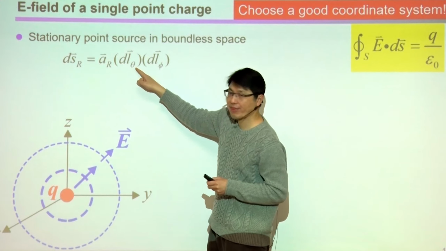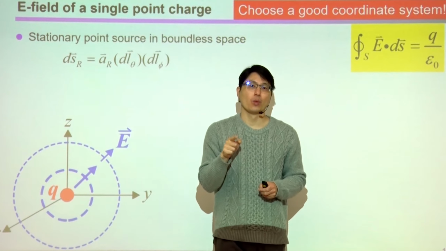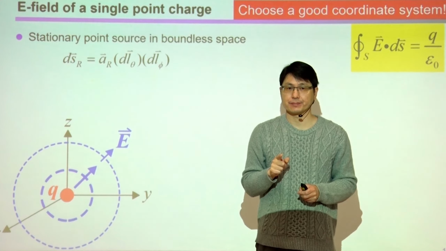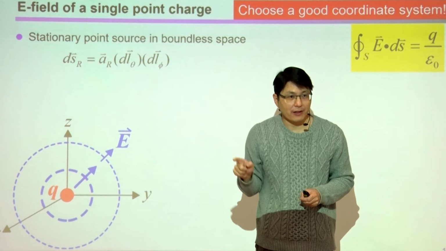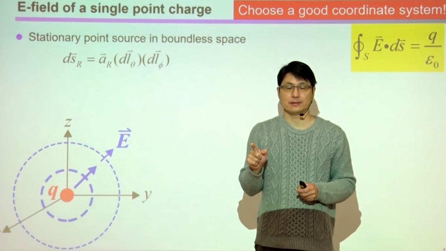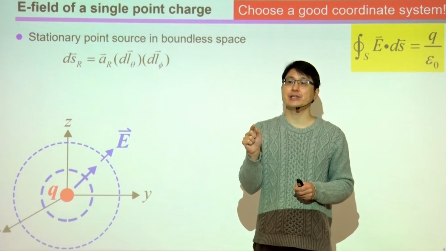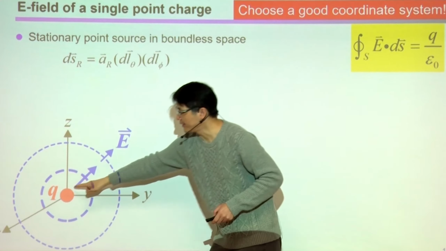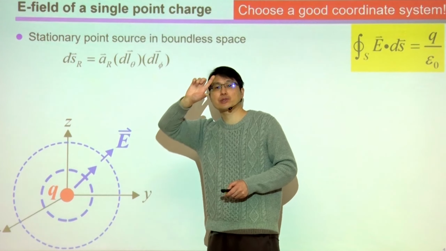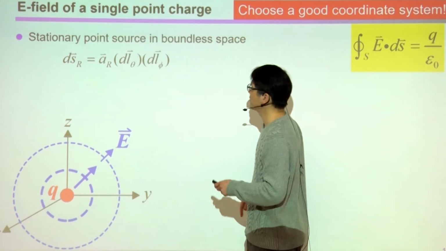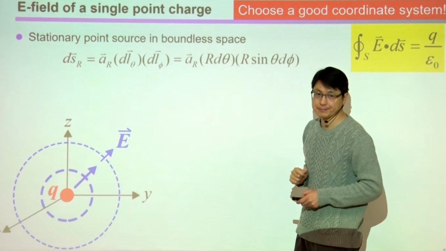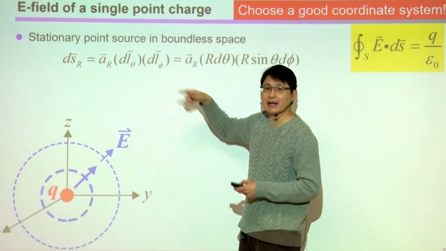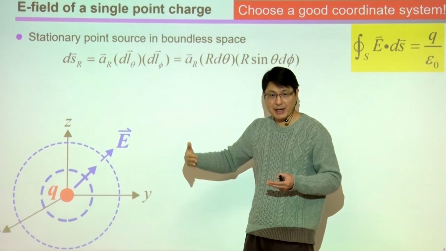So dl theta, ask yourselves, what is dl theta for the spherical coordinate system? It will be an arc. For an arc, you need to know the radius. So for dl theta, the entire radius is used to span the arc. So it is basically r d theta. But in the phi direction, not the entire r is used to span the arc.